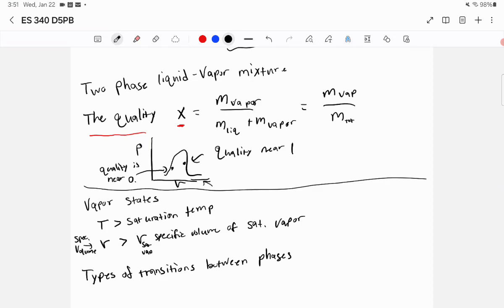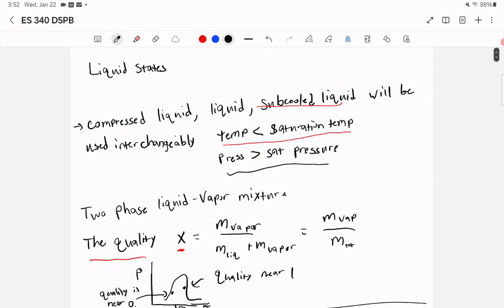Now when we start getting into the discussion of the tables, which I keep wanting to jump into here, you can start off, say, using the saturation tables, but you would quickly figure out that the pressure I'm dealing with in this scenario is greater than the saturation pressure. So that means I should be looking at the compressed table, not the saturated table, right?